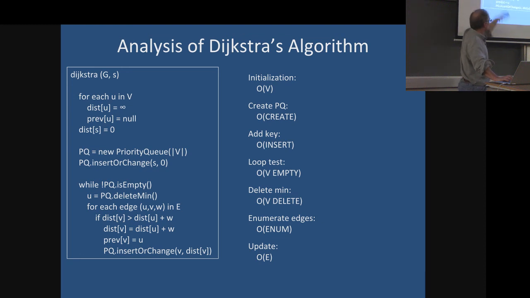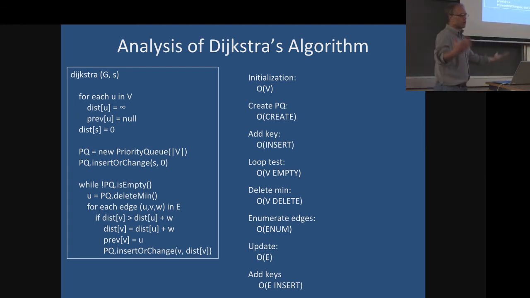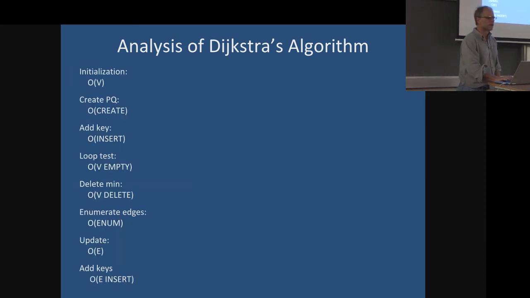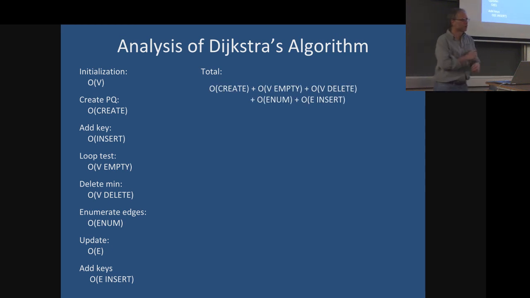And then we do these updates here. It's dominated by edges. Each edge could potentially lead to an insertion into the priority queue. So we're just counting operations. I don't know what the cost of an insert operation is, but whatever it is, we do it at most E times. That depends on our data structure, on the priority queue and so on. So let's add them all up. Now, how can we simplify this?